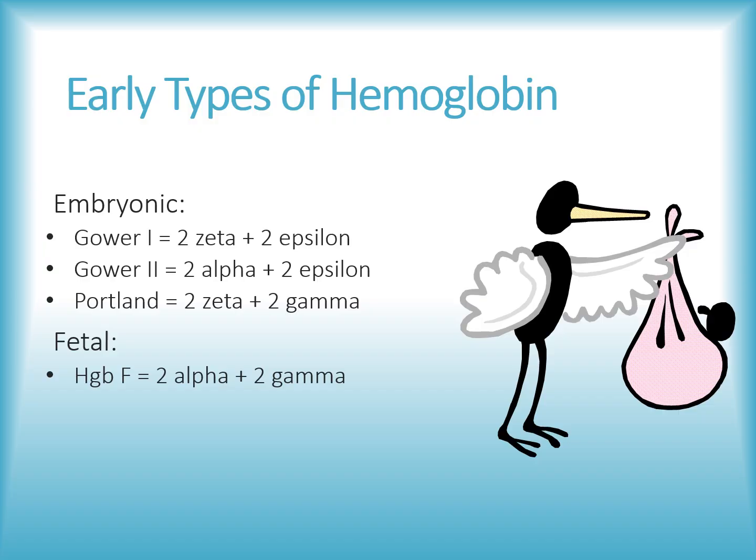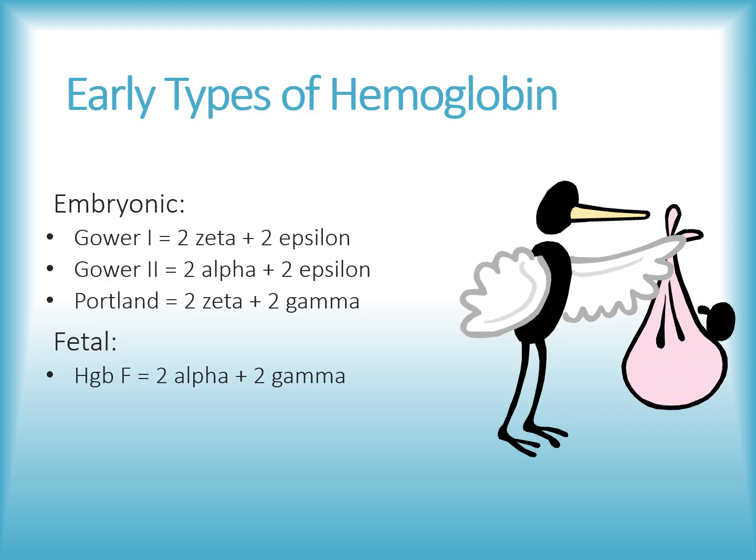Okay, so let's talk first about these early types of hemoglobin. We have 3 different types of embryonic hemoglobin, and these are going to be dependent upon what phase of embryonic development a person is in. The first type is called Gower-1, and that consists of 2 zeta and 2 epsilon chains.